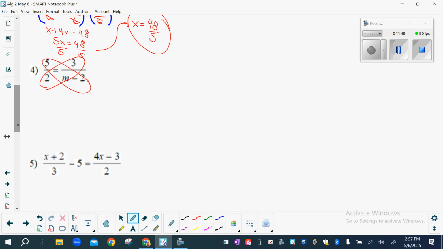There isn't a 6 here. So when we cross multiply, we take that product, 2 times 3 is 6, and we set it equal to 5 times m minus 2. So 6 equals 5m minus 10. If you had a question, I'm okay with that.